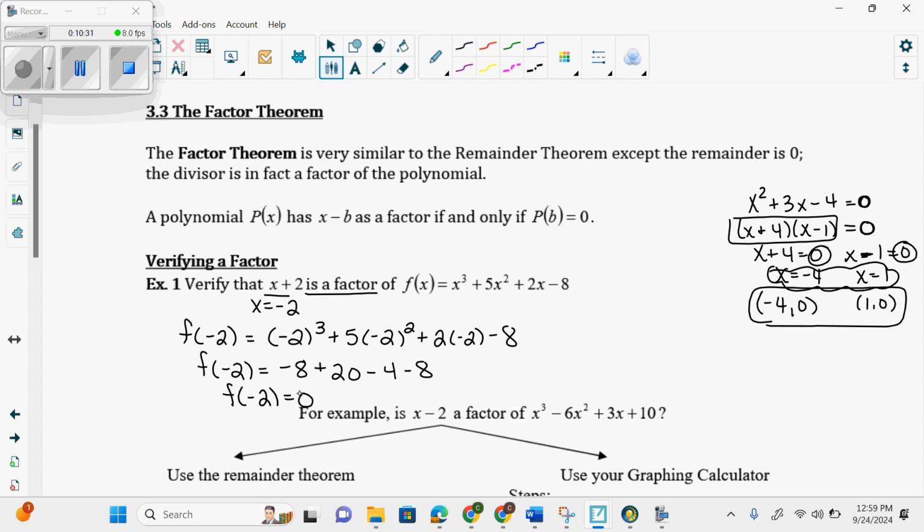So you have to say, since the remainder is 0, you can go like this and say remainder. Therefore, x plus 2 is a factor of f of x.